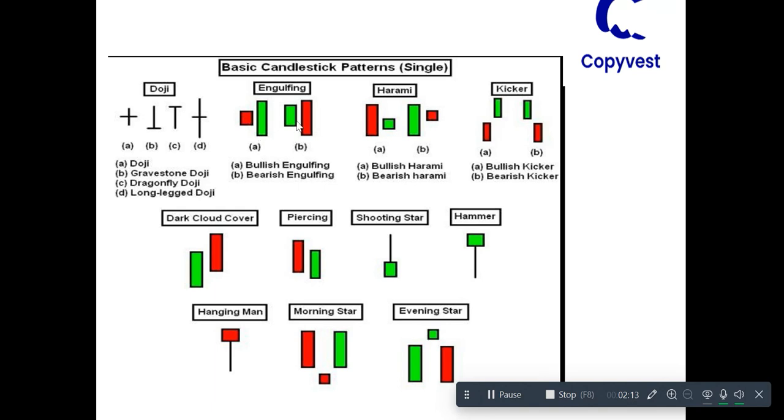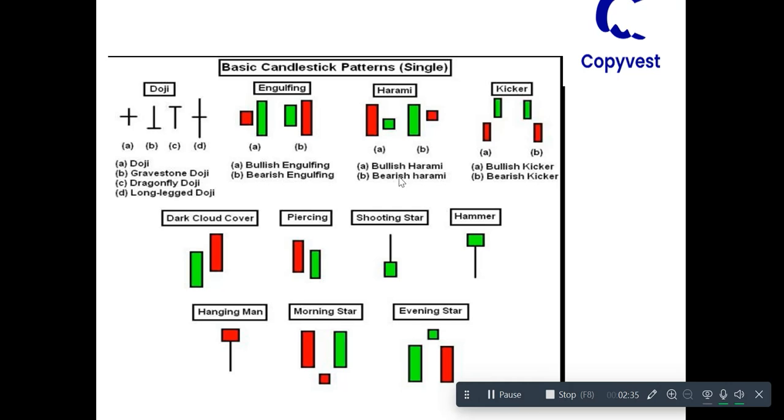And then on the other side, a bearish engulfing. So you see a bullish candle and then you have a bearish candle engulfing. These are usually used to spot trend reversals or trend continuations. Okay, but we will discuss this when we try to put it together.